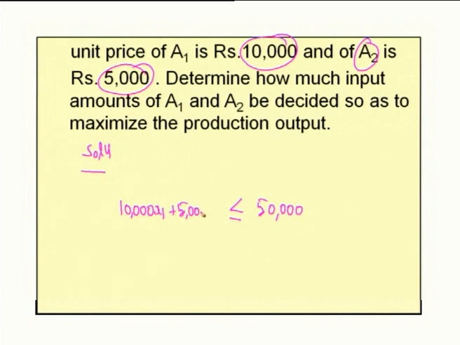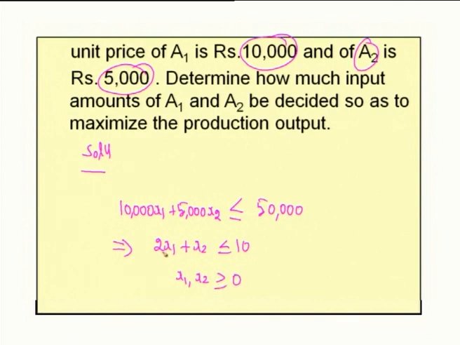So the constraint is 10,000 x1 plus 5,000 x2 less than or equal to 50,000, which we simply write as 2 x1 plus x2 less than or equal to 10. Of course, the quantity of raw material is always non-negative, therefore x1, x2 greater than or equal to 0.